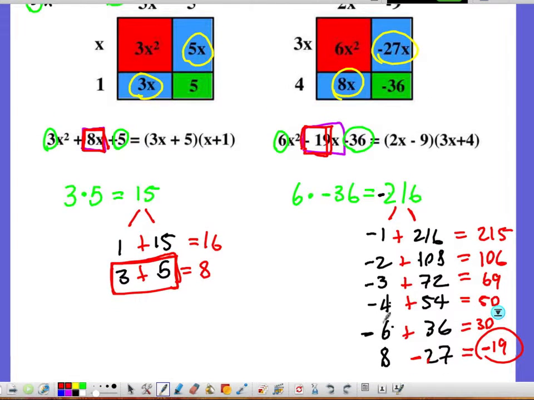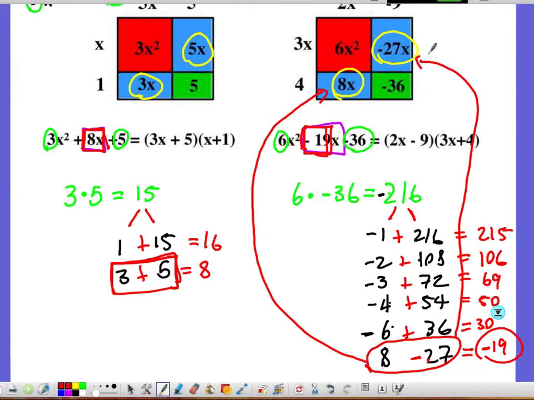So these are the pairs of factors that I'm looking for, and that's what determines what goes inside the blue shaded boxes. We just needed to put the x, and that's it. That is exactly how we knew how to split negative 19 apart into these two numbers, and exactly how we knew how to split 8 apart into 3 and 5.